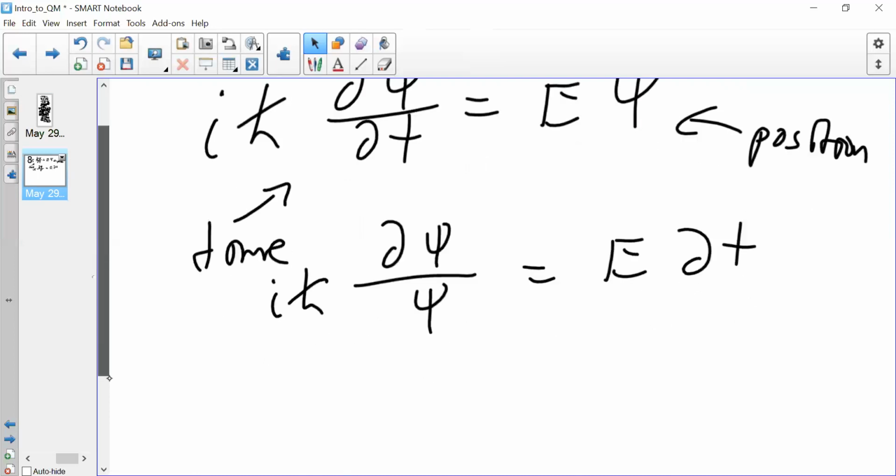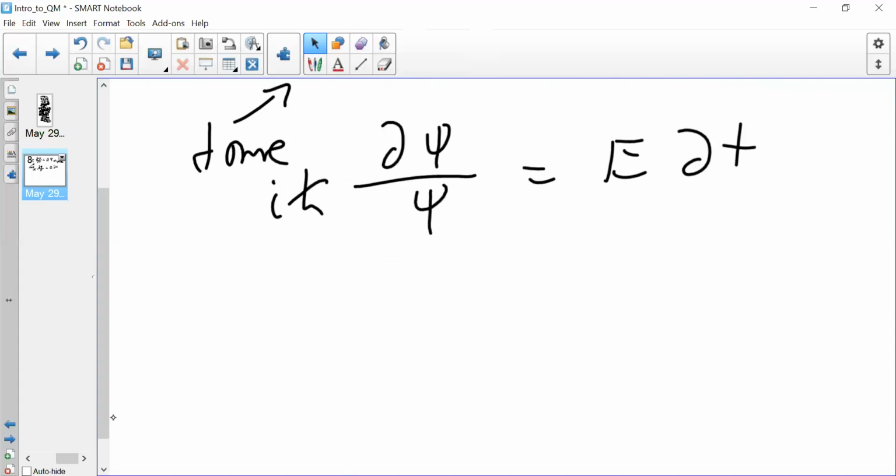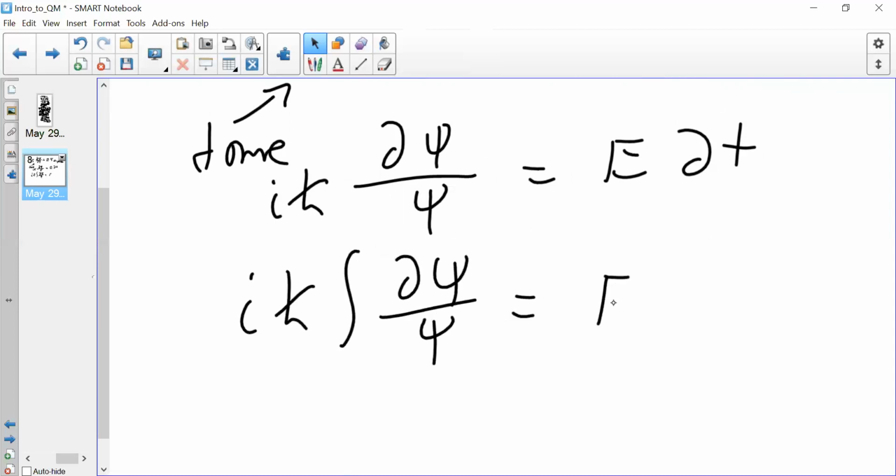Now we can integrate the terms collected. That's going to be ∂ψ/ψ, dt, 0 to t, and the boundaries of the box, 0 to ψ of t.